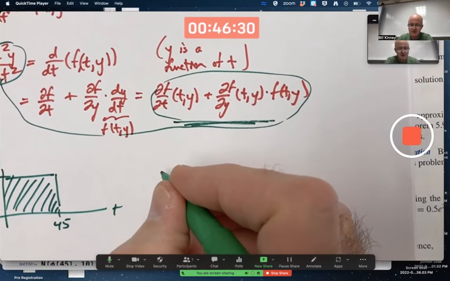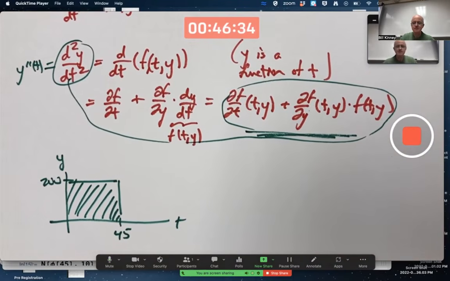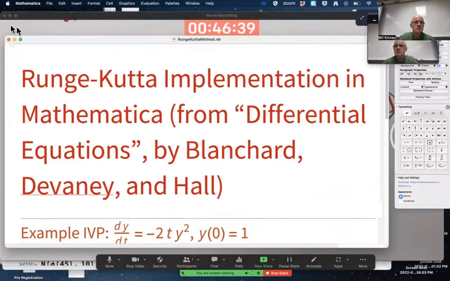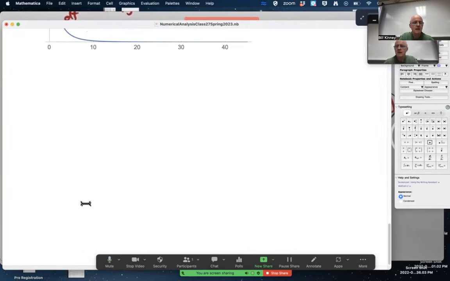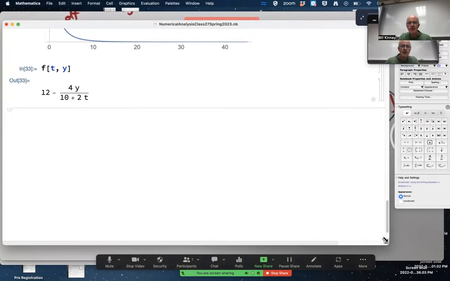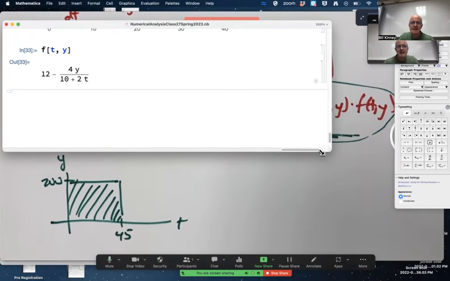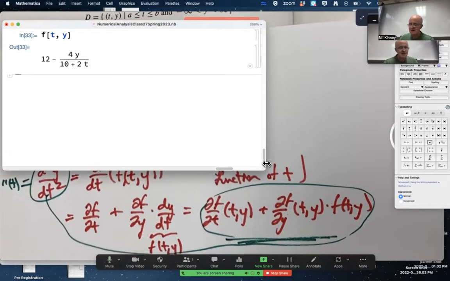Coming back to our example, let's have Mathematica do the calculations for us. Again, here is f of (t, y) right there. What is this expression?